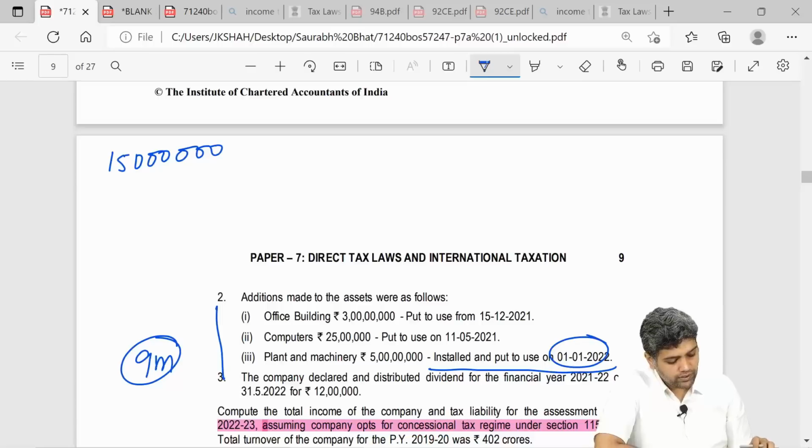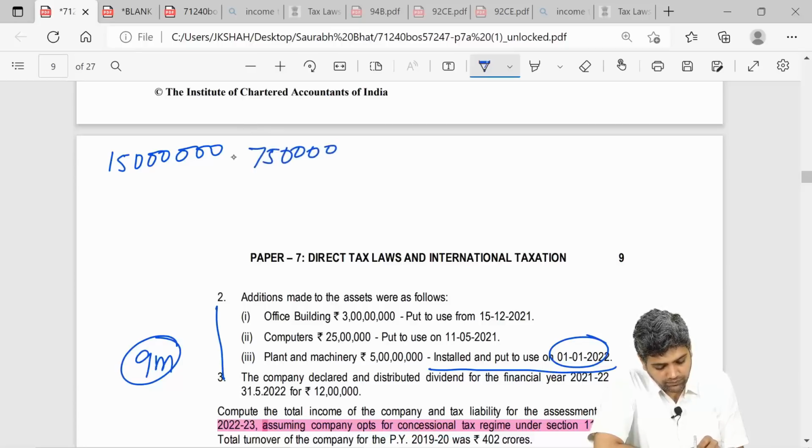So on 3 crores I would be entitled to a 5% depreciation rate, but that would be for only half a year, that is 7,50,000. So I will take 7,50,000 over here for the office building, plus computers 25 lakhs. 25 lakhs I have put to use on 11th May, so the entire 40% is allowable on that.